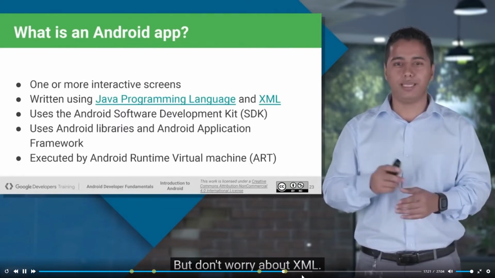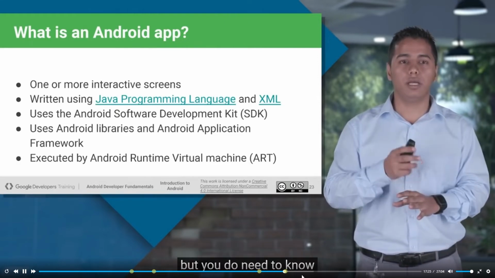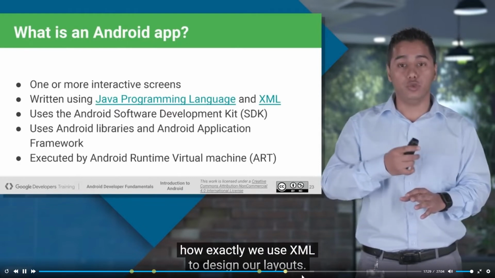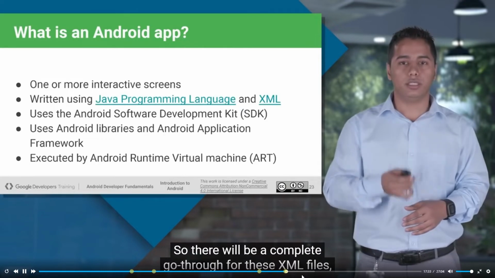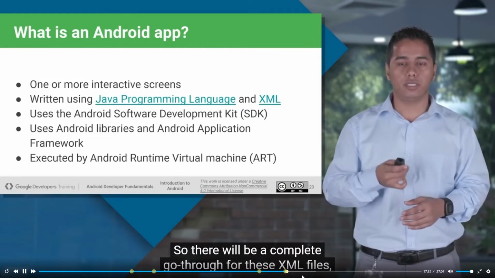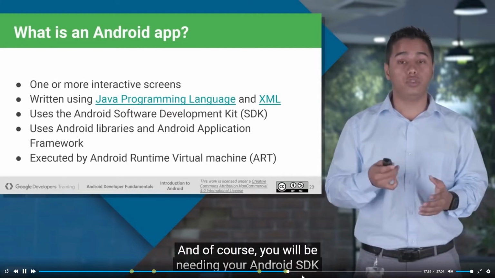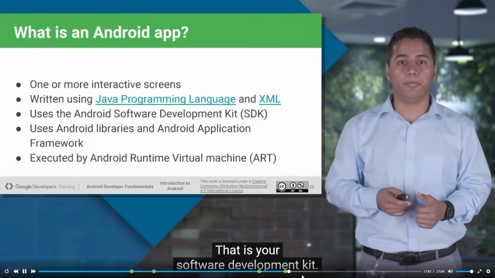But don't worry about XML. We don't have to be an expert on XML, but you do need to know how exactly we use XML to design our layouts. So there will be a complete walkthrough for this XML part also when we will be doing our UI design.